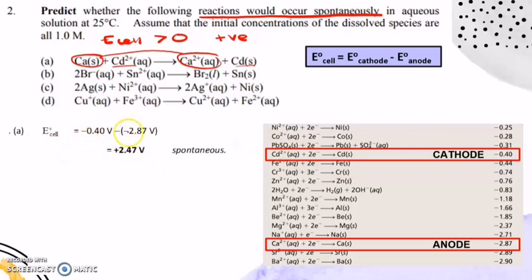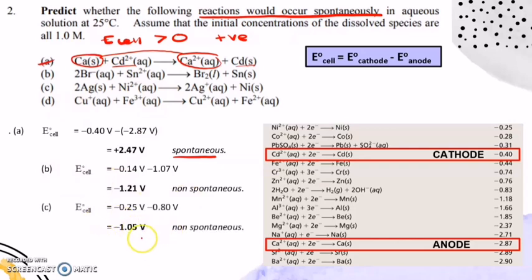Just substitute into the formula, and we will have E naught cell for reaction A as positive 2.47 volt, which indicates a spontaneous reaction. You apply the same way for questions B, C and D, and you will have B as non-spontaneous, C as non-spontaneous, and D as spontaneous.